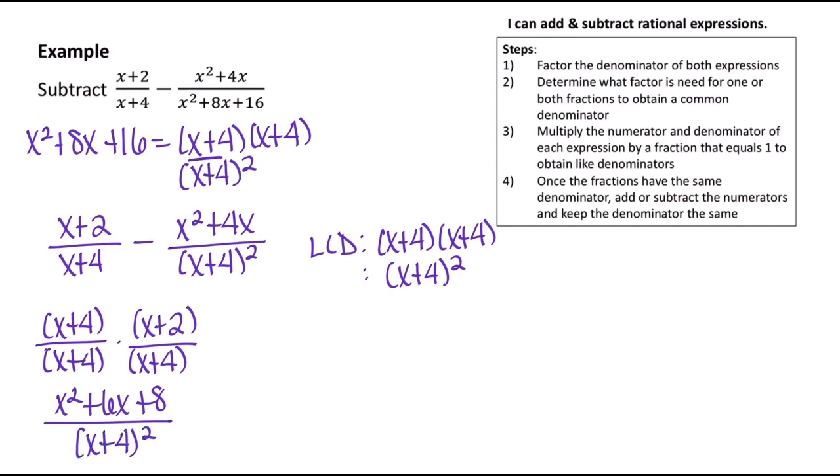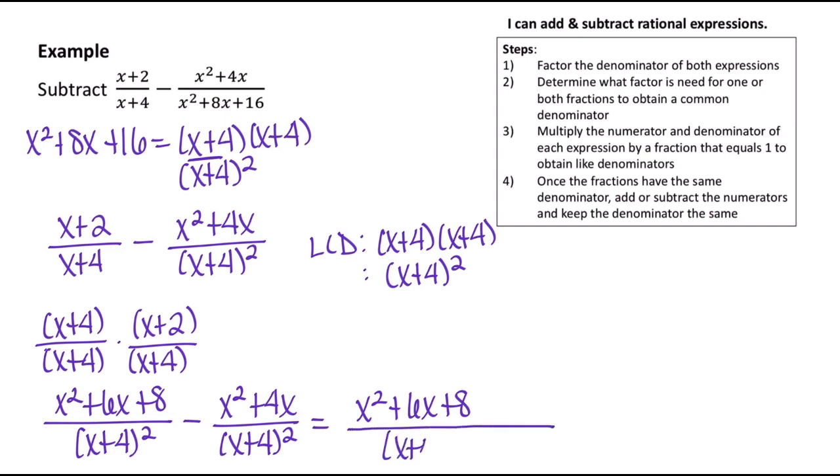Notice in the second fraction, I already have my common denominator, so I can go ahead and put these two rational expressions together. So when I do that, I get x squared plus 6x plus 8 over x plus 4 squared, and then minus all of x squared plus 4x. So remember, what's going to happen here is I'm going to change that minus to a plus negative, and then I'm going to distribute that negative 1.